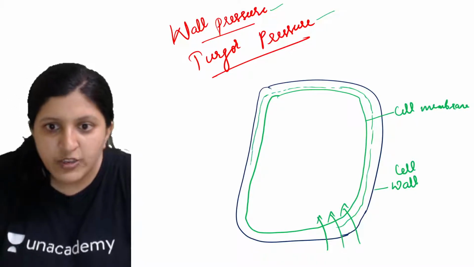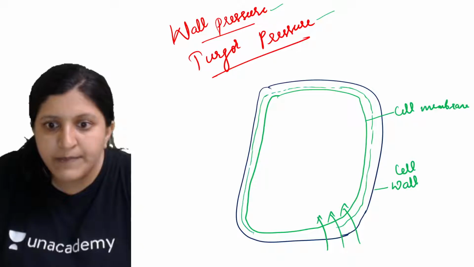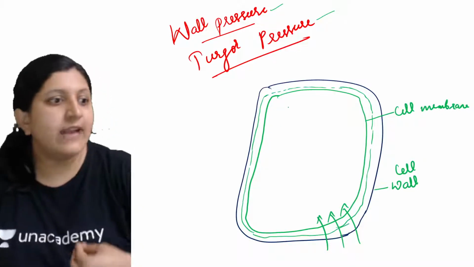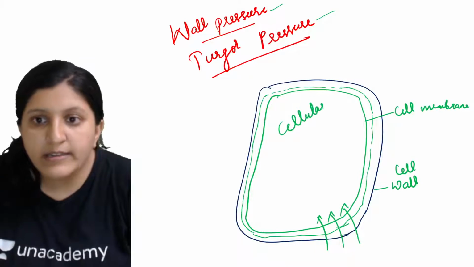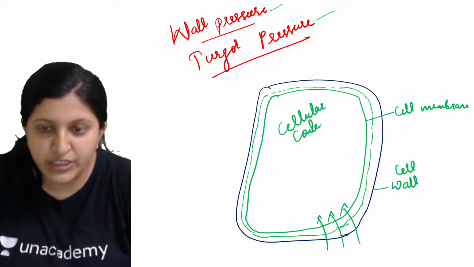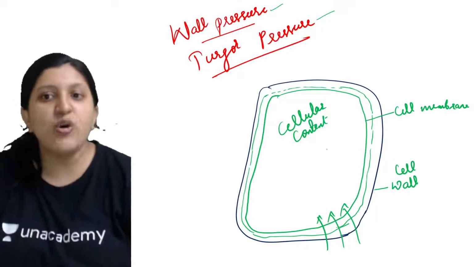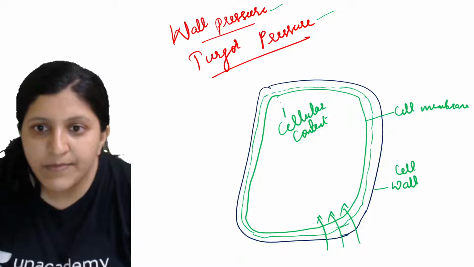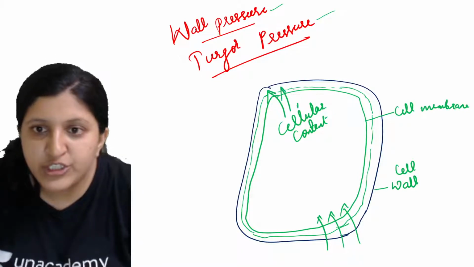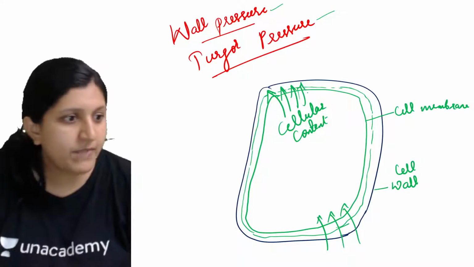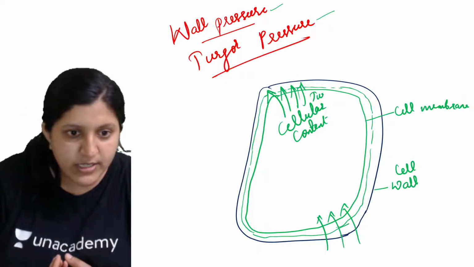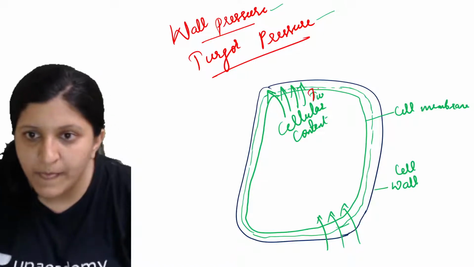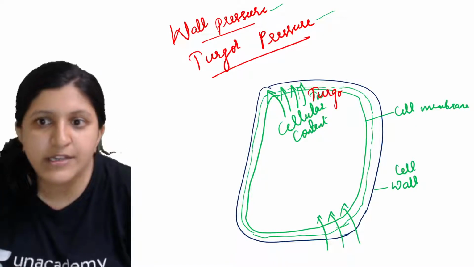Now you can see that the cellular content is applying a pressure on the wall. This we call the turgor pressure. So let me just label this. This we call the turgor pressure.